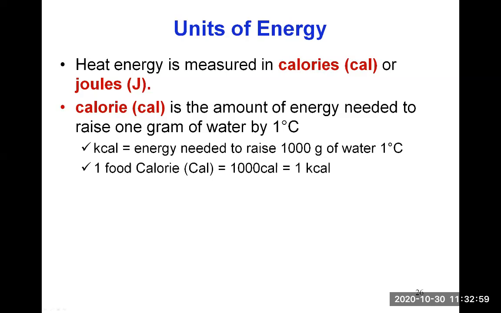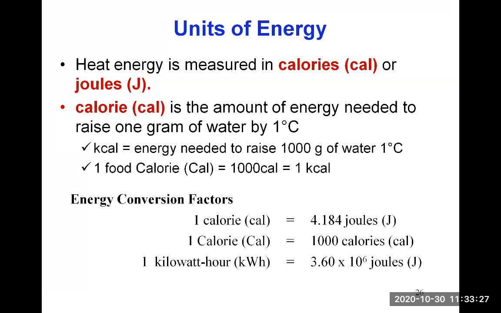The food capital C calories are also called the nutritional calories. They are equal to 1,000 smaller c calories, or 1 kilocalorie. So be careful. 1 capital C calorie is 1 kilocalorie for the lowercase c.